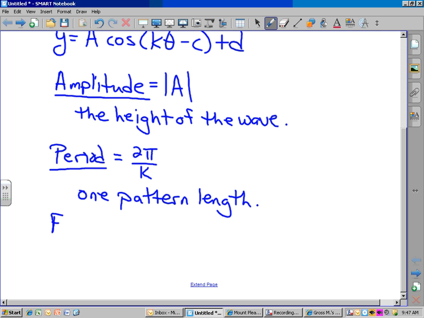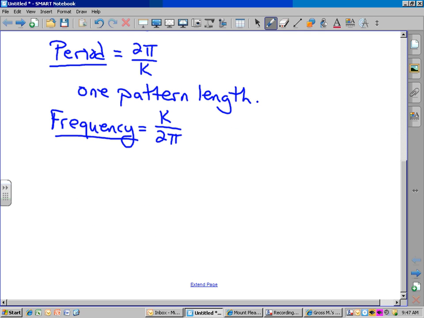This one's not in the book, but I like to include it. It's k over 2 pi, the frequency. As you can see, it's simply the reciprocal of the period.